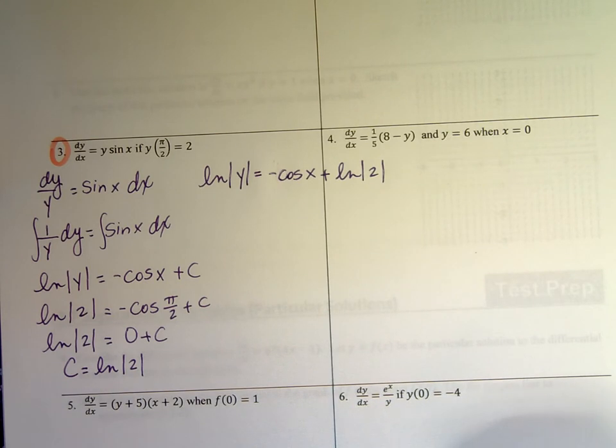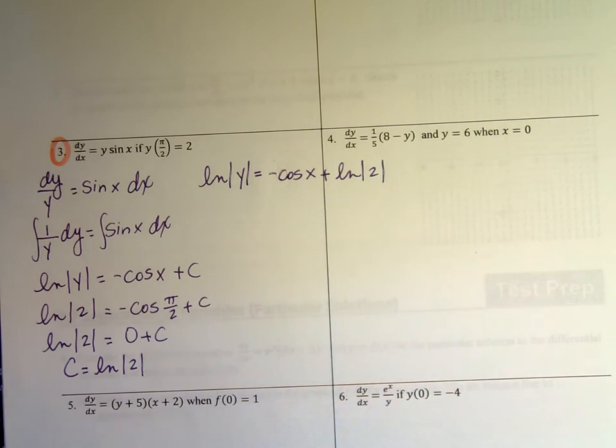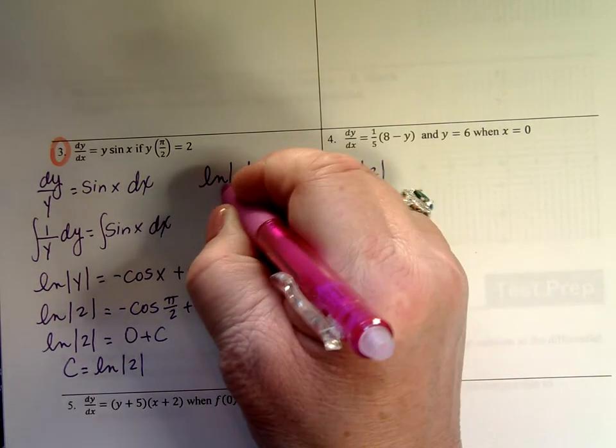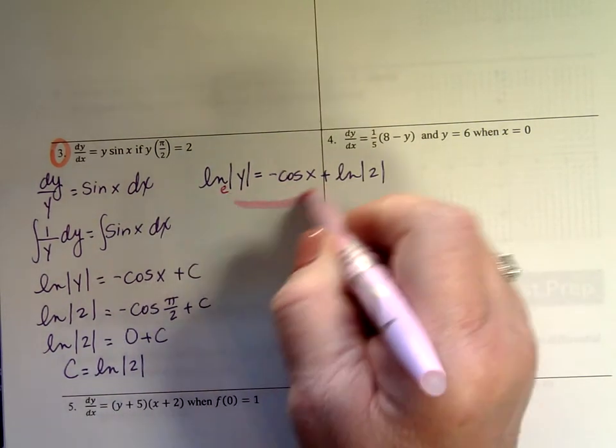All right, in order to solve this, to get the y by itself, I'm going to have to raise it to the e, like take the e, do the loop. So my e base is here, and my loop would look like this. E to this power comes around to the y.